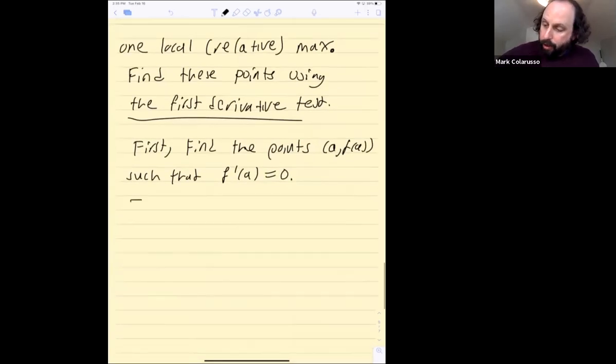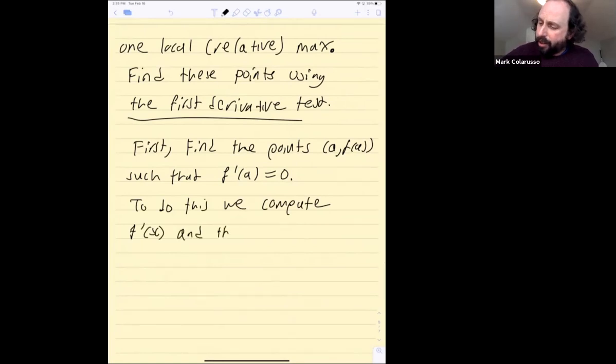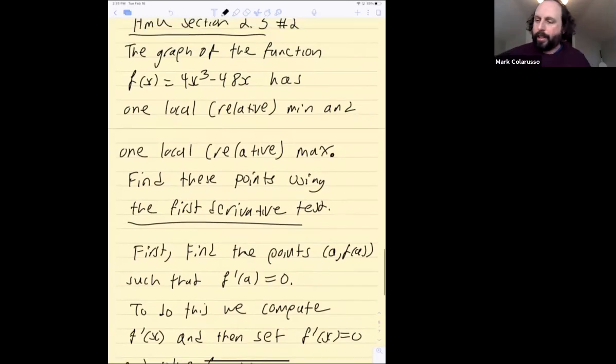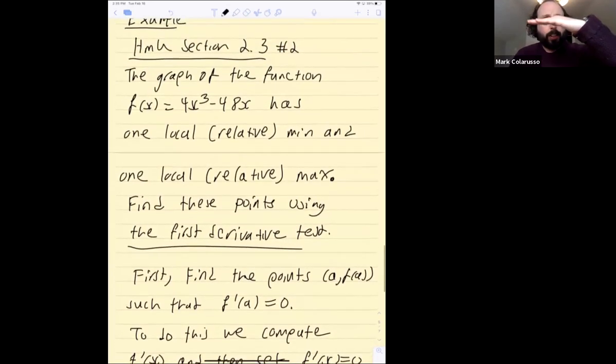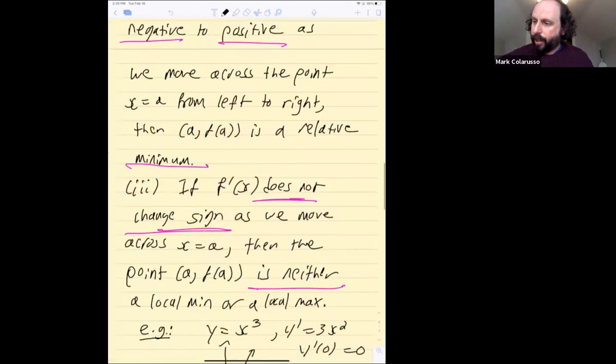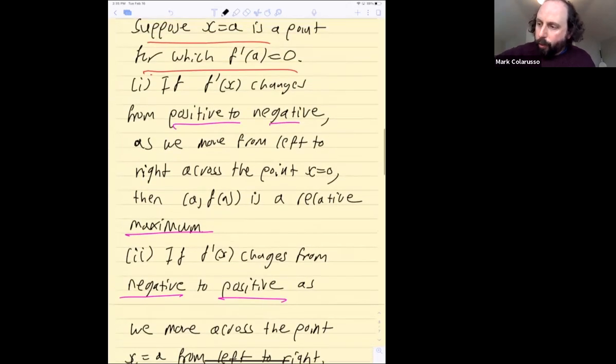To do this, we compute f prime at x, then set f prime at x equal to 0 and solve for x. Because remember what I was saying, if you have a min or a max, then the tangent line has to be flat there. The derivative has to be flat there. And this first derivative test that we developed, the first thing is to find points for which the derivative is 0.